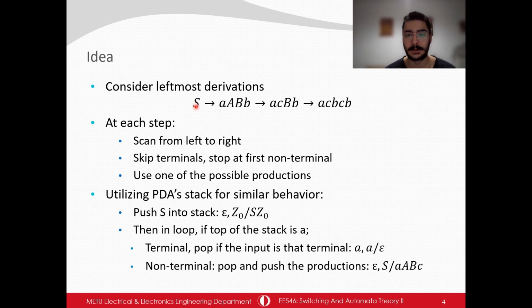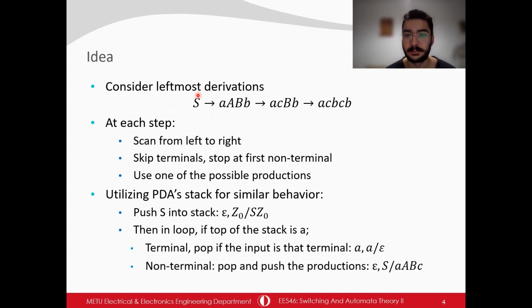So how do we mimic this behavior with PDA? We use PDA's stack. We always start with the start symbol, so we push the start symbol into the stack. Then in a loop, we check if it's a non-terminal character, then it corresponds to the first non-terminal character that we encounter when we are going from left to right.